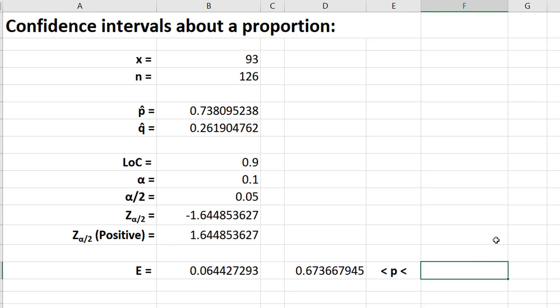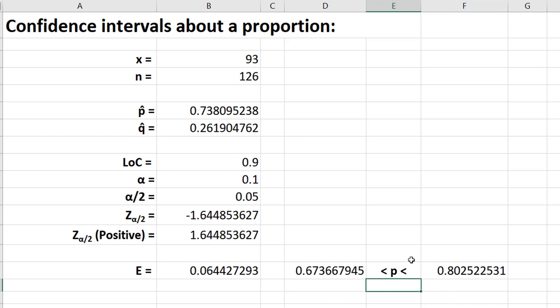And on this side, we would say equals whatever p hat is plus e, and we get the 0.8025 number. So in other words, this is my confidence interval right here.